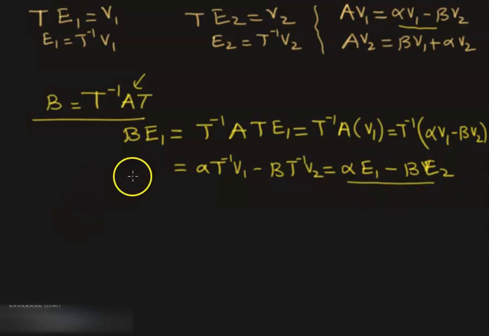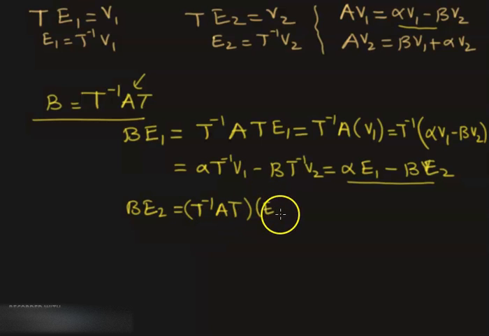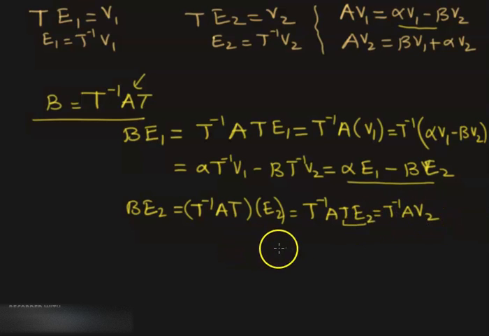So when we apply this transformation on e1, we get this result, and when we apply this transformation on e2, let's see what we get. This is T inverse A T e2, which is equal to T inverse A v2, because T e2 is v2, and then Av2 is equal to beta v1 plus alpha v2.